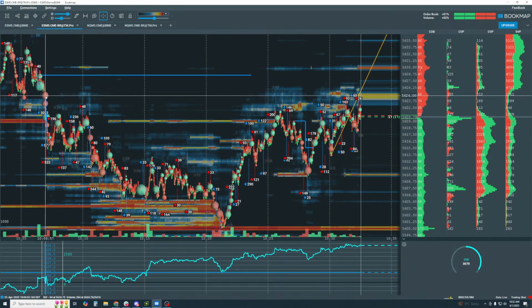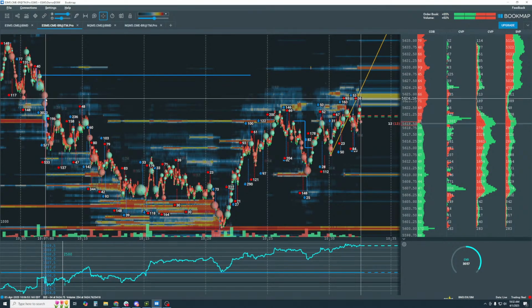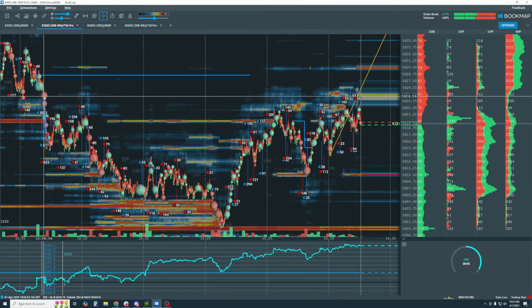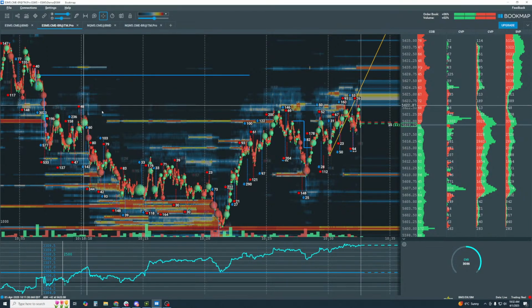Top of that range outlined is up here, where it dropped from right here, around 25, 24.5.